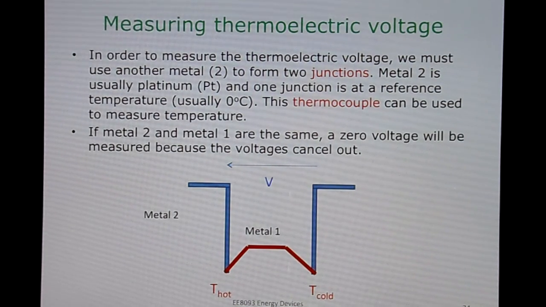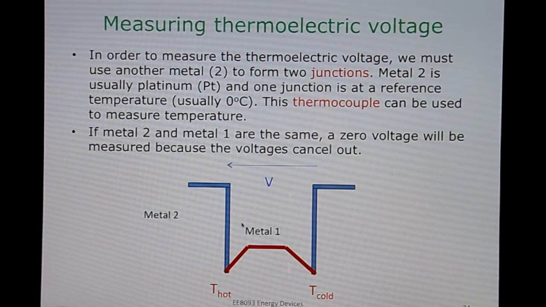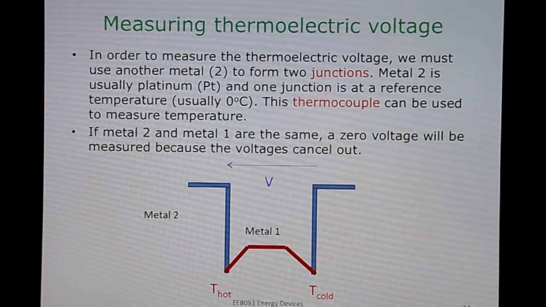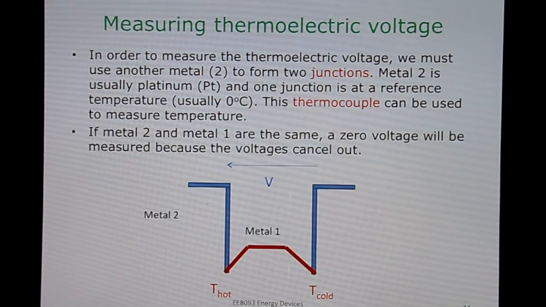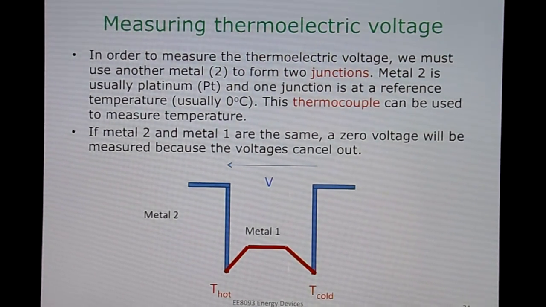So how do we measure this thermoelectric voltage? Suppose we try to measure the thermoelectric voltage across the metal 1, which is indicated by this red line in the middle. And as we can see, on the left side, the temperature T hot is higher than the temperature on the right hand side, which is T cold.